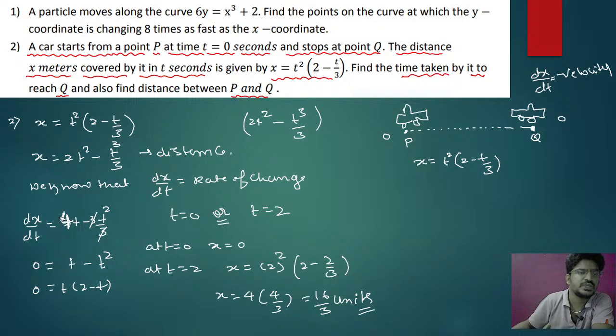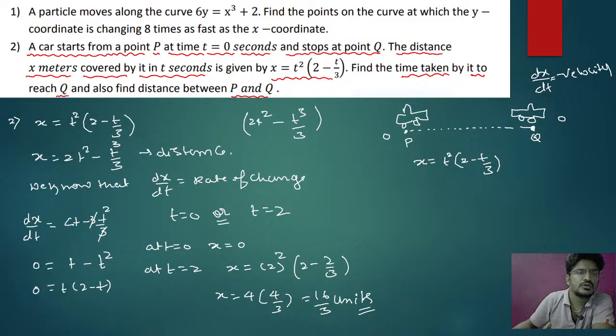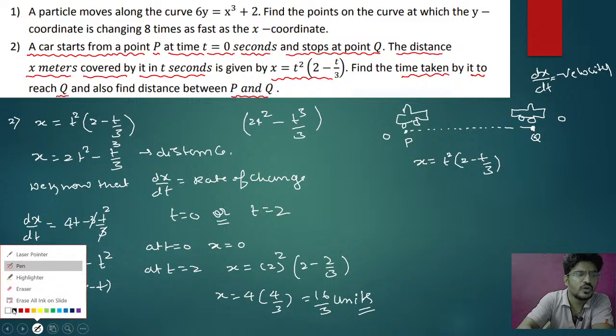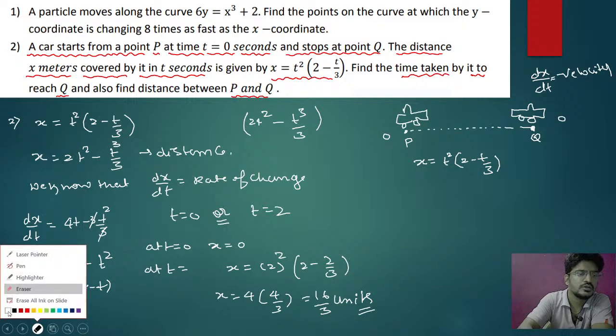Small mistake has been done here. It is 4t. Okay. And here also this is going to be 4t. So here it is going to be 4, and t is going to be equal to 4. Sorry for that.